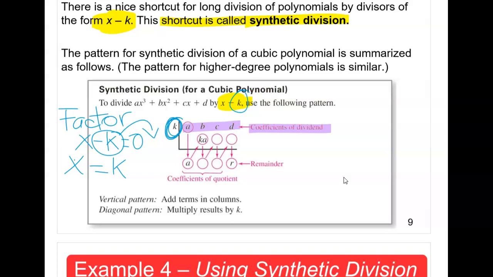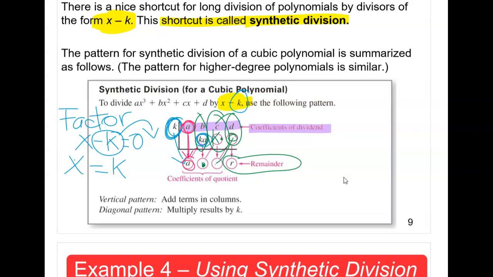First of all, you drop the first coefficient, then you multiply k times a, and then you write it below the next coefficient. Then you combine like terms, and whatever you get here, you multiply that by k, and then you combine like terms, and whatever you get there, you multiply by k, and then you put it here, and then you combine like terms vertically, and whatever you have at the end, that is your remainder. Your remainder may also be 0.